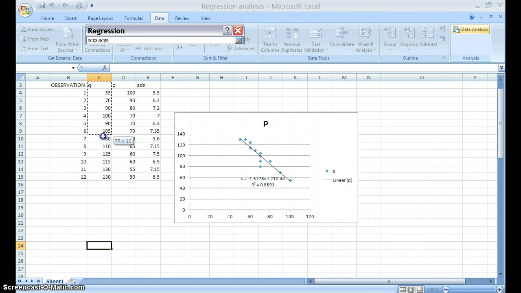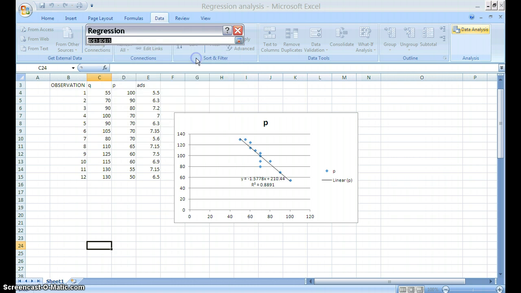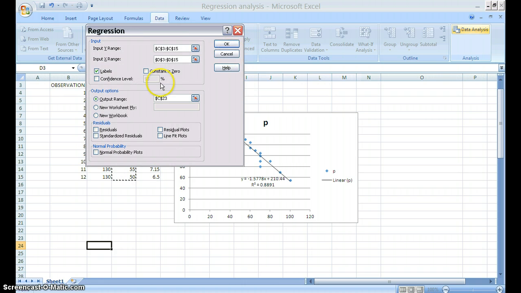I'm going to take the whole column this time because you can do it in this particular application. And the next one is the price, those two against each other. And I do have my labels, and I want to put it on C23. That's good enough for me.